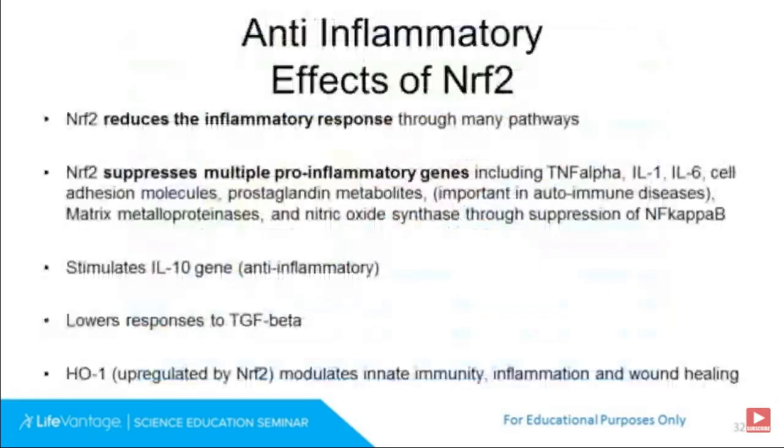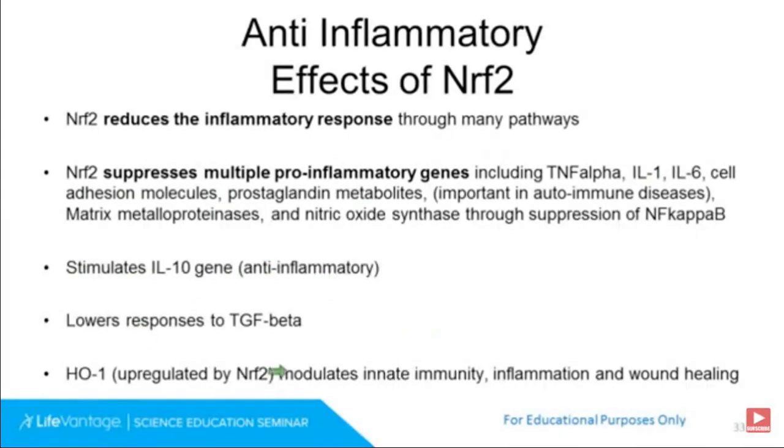There are numerous anti-inflammatory effects of Nrf2. It works through multiple pathways. I'm not going to get into all of them. Interleukin 1 and interleukin 6 are pro-inflammatory proteins that are suppressed with Nrf2. Interleukin 10 is stimulated by Nrf2, and that's an anti-inflammatory compound.